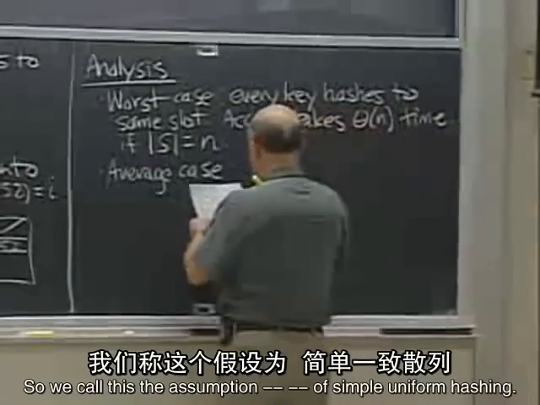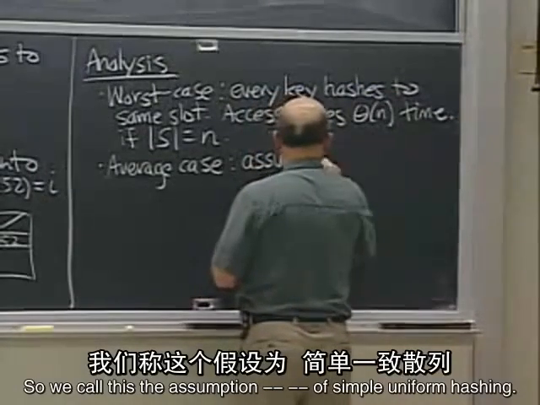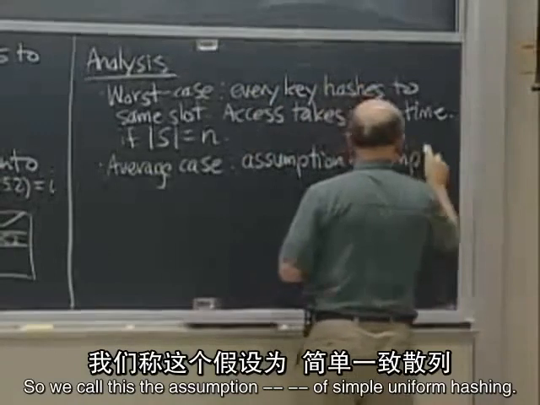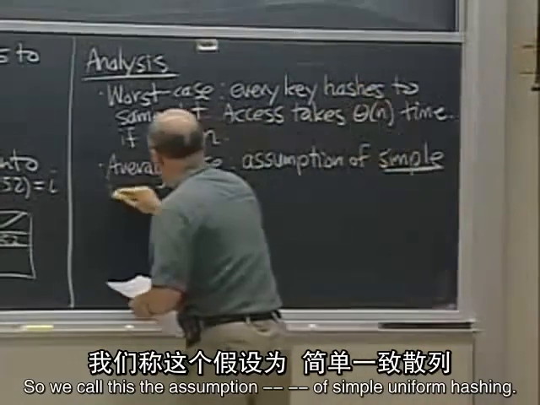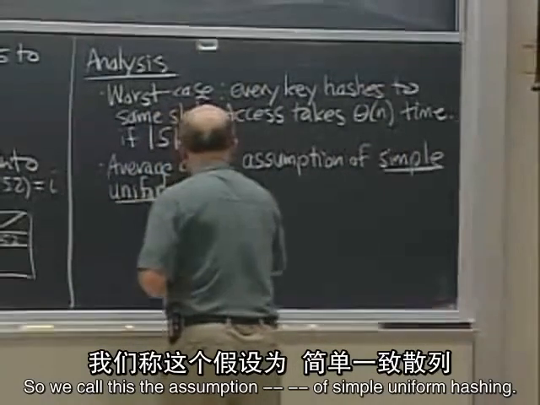So we call this the assumption of simple uniform hashing.